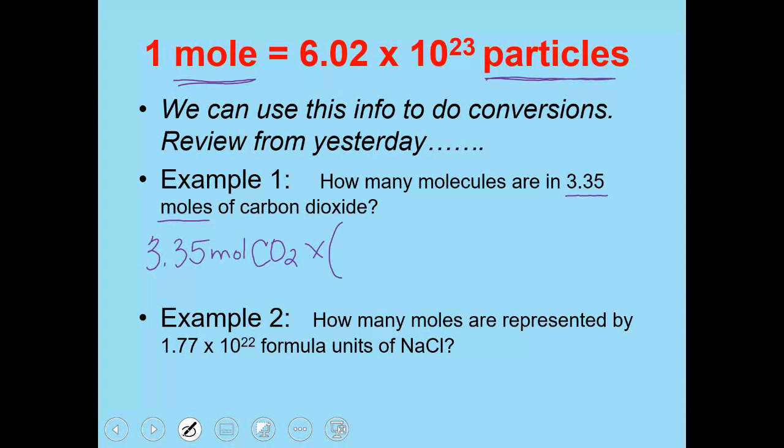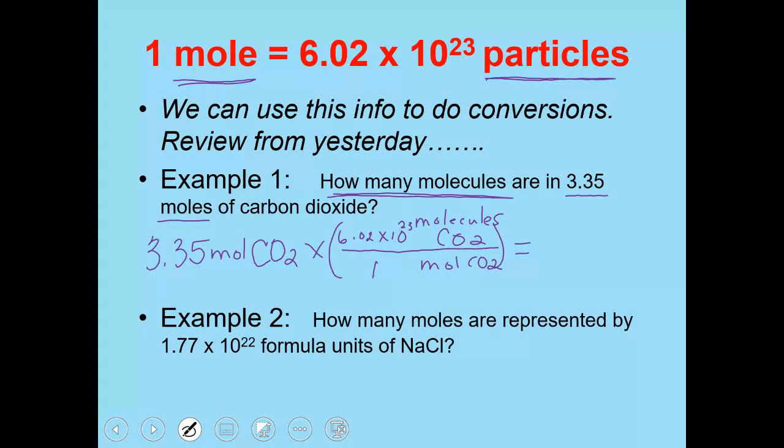We set up a factor label. We have to put moles on the bottom so that it will divide out. We need our molecules label on the top because that's what we're trying to find, how many molecules. And then we have to put numbers in the top and bottom of our factor to make it equal. 1 mole is always equal to 6.02 times 10 to the 23rd molecules.